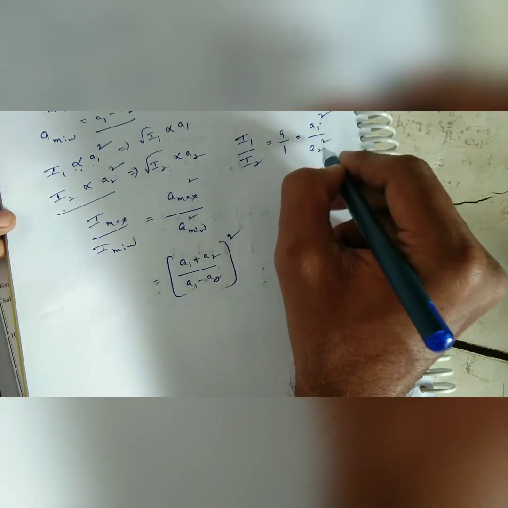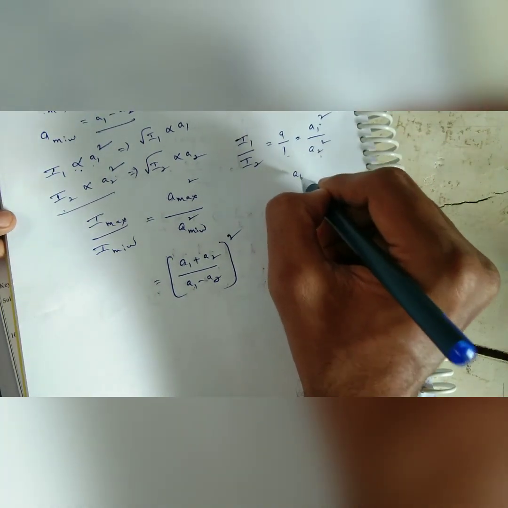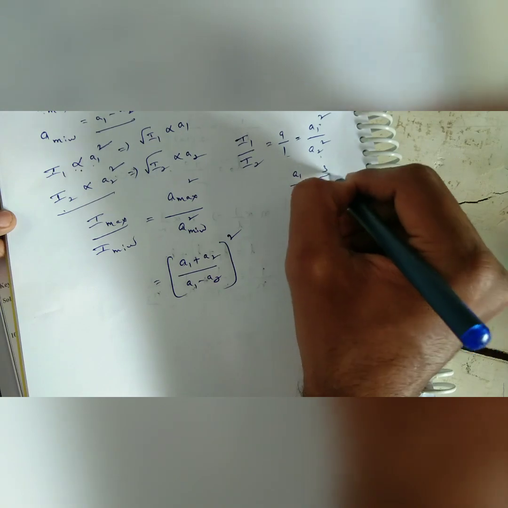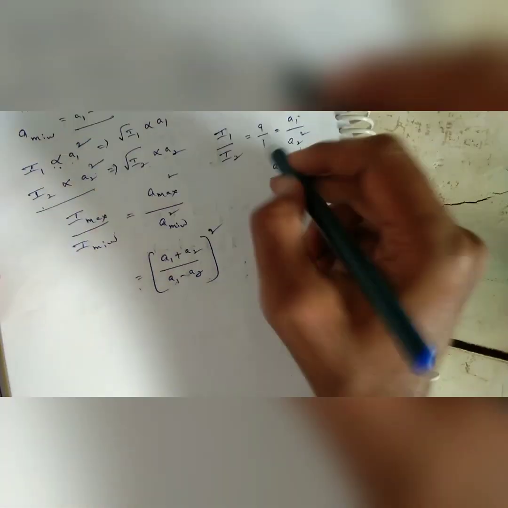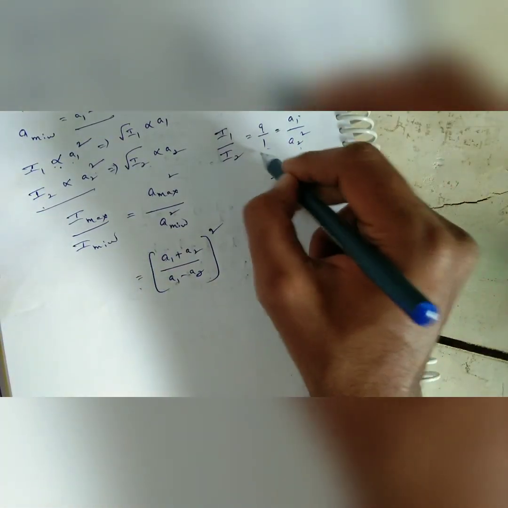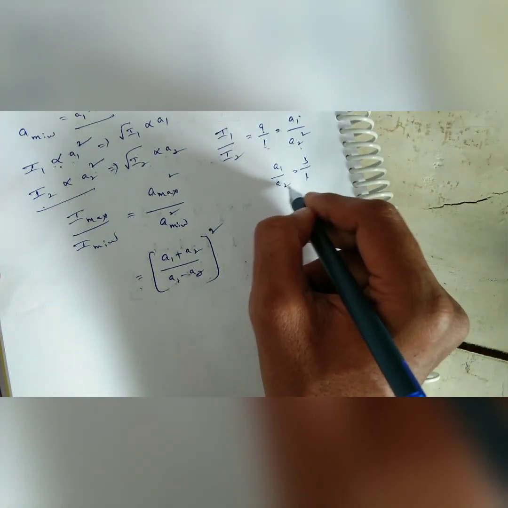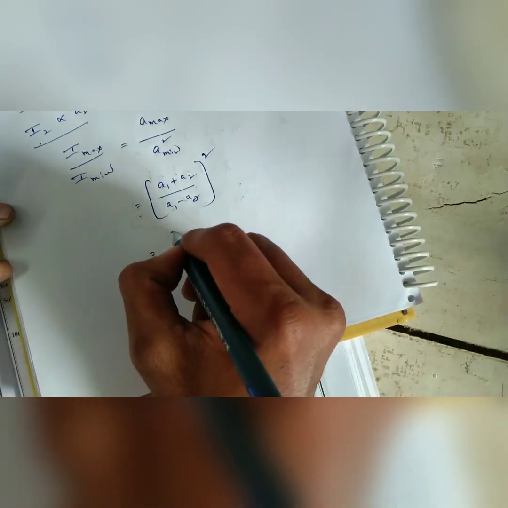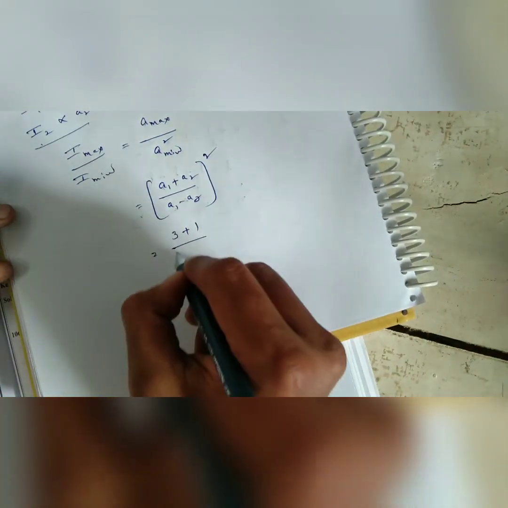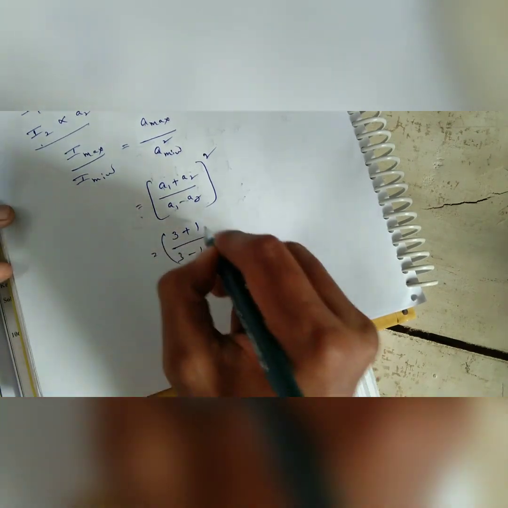It means A1 square by A2 square is equal to 9 by 1. Then A1 by A2 is equal to the square root, that is 3 by 1. So A1 replace with 3, A2 replace with 1. Then here you will get A1 plus A2 is 3 plus 1, A1 minus A2 is 3 minus 1, whole square.